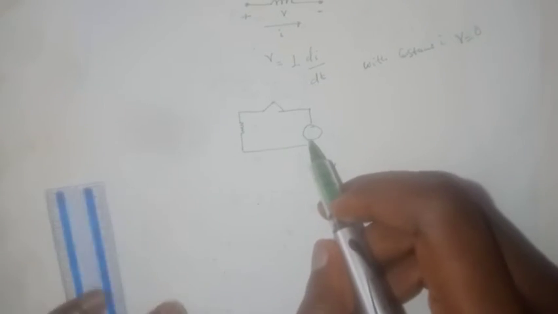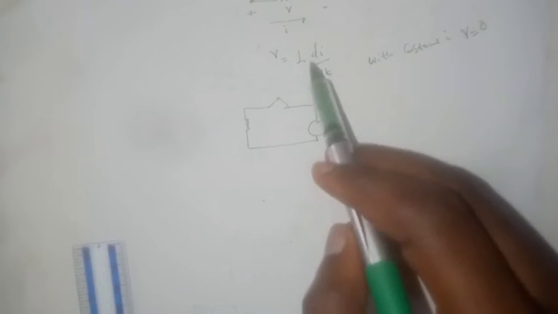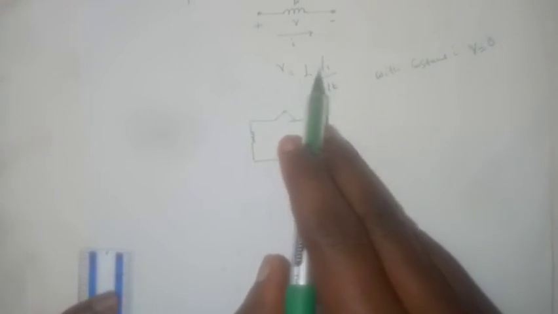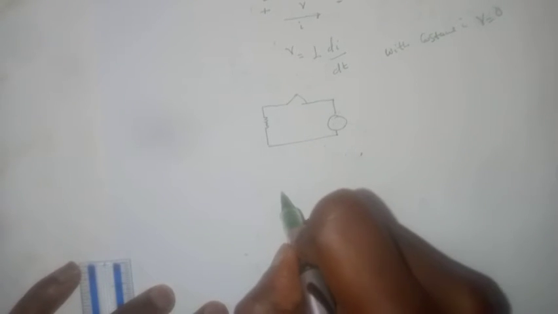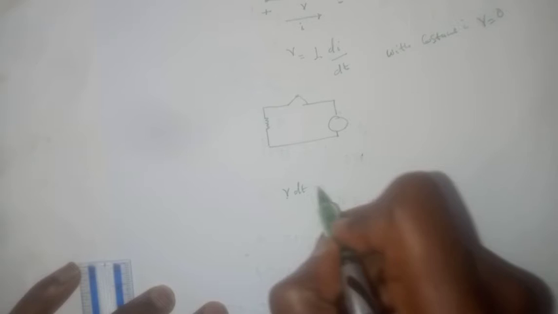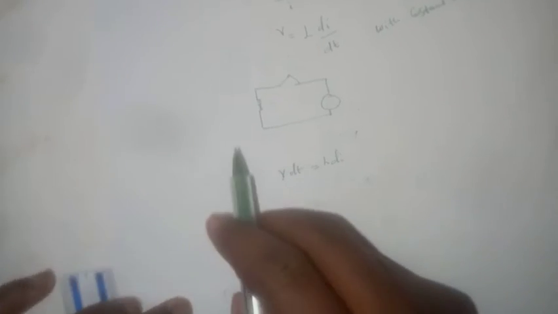That is that. What if we were given the voltage and asked to find the current? We can just make I the subject of the formula by saying that V dt equals L di. Then we can integrate both sides.